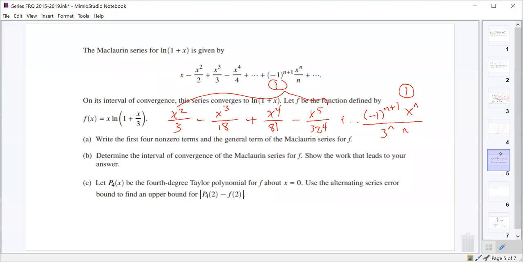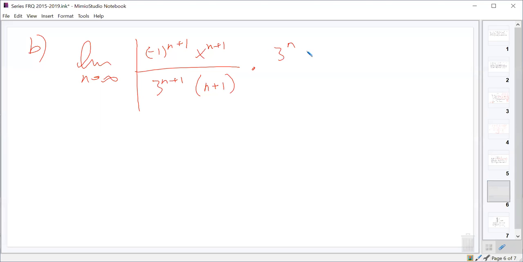Times the reciprocal of that, which should be 3 to the n times n in the numerator. And in the denominator, I wrote plus 1, I should have written plus 2. -1 to the n plus 1 and x to the n. Everybody good with that? That's your ratio.